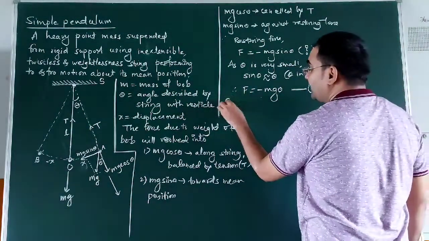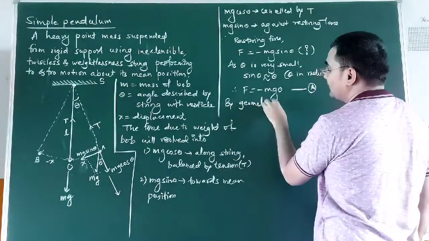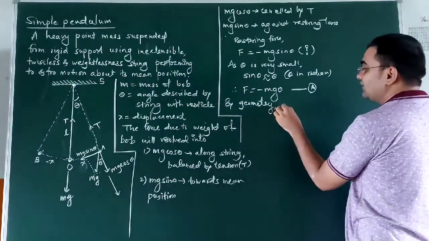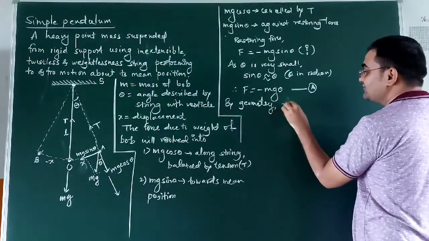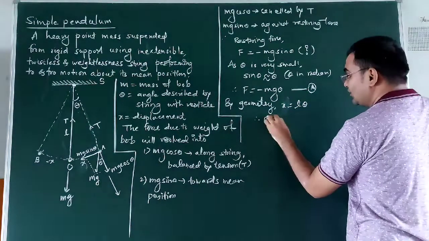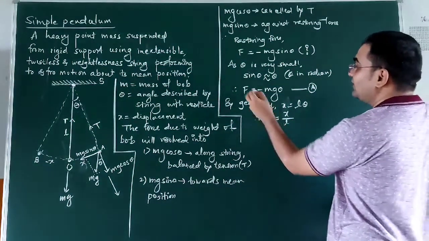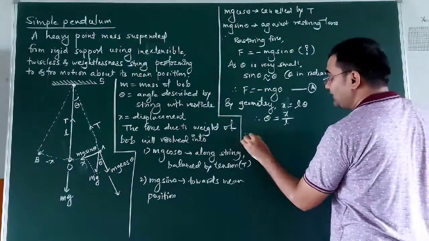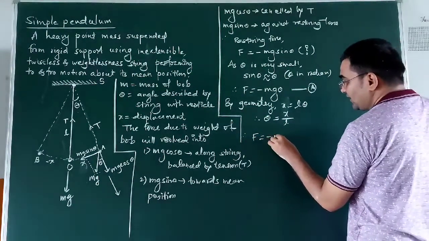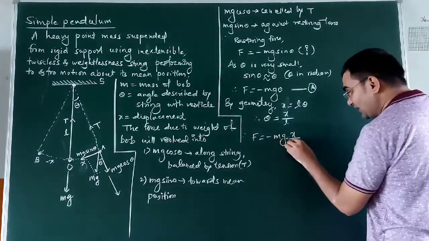So by the geometry of the figure, you know that the length of the arc x is equal to L into theta, therefore theta is equal to x upon L. Replacing this value of theta in equation 1 or A, I will get force is equal to minus m into g into x upon L.